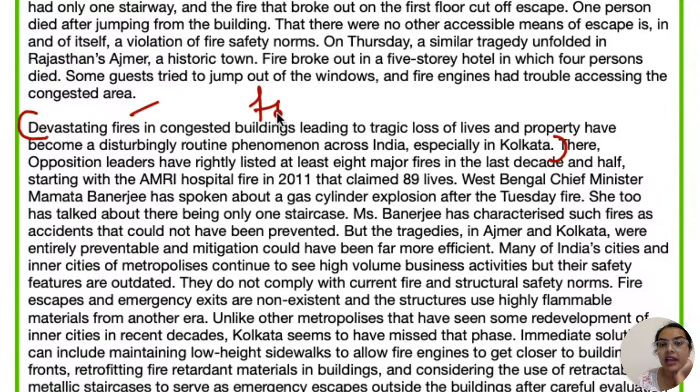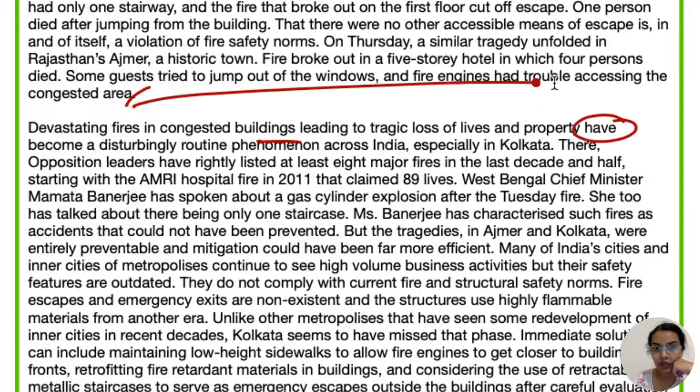Now, fire again is found in the noun family and also in the verb family, but here it is the first noun, also plural. We are talking about the incident of fire, fire breakouts. So fires is my plural. Fires were leading to what? Have. That's the helping verb. Have become, this is the main verb. Fires have become. That's the subject verb agreement working here.